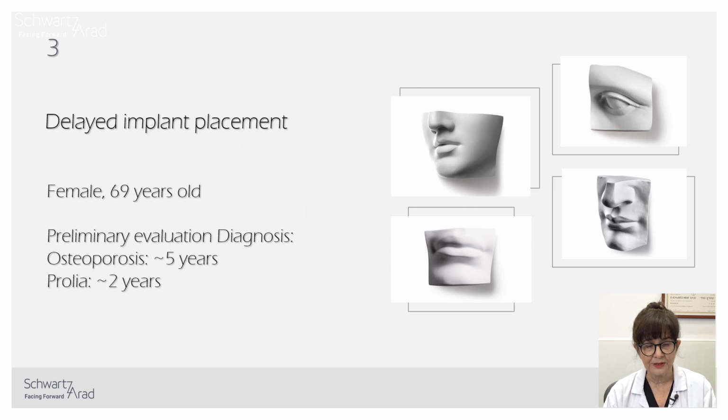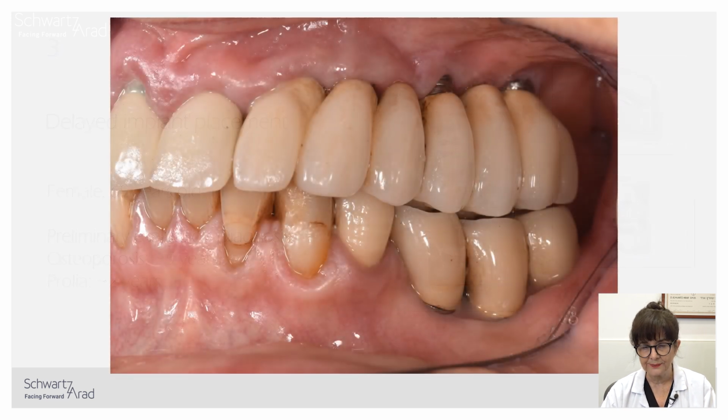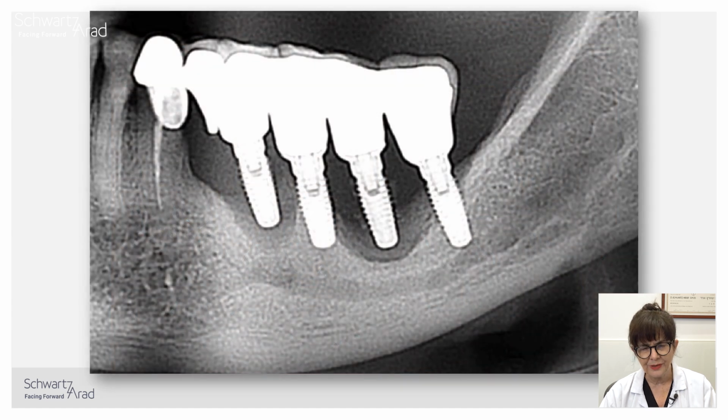The third patient, 69 years old. Preliminary evaluation was osteoporosis for 5 years, and she was treated for 2 years with Prolia. In this case, one can see here the intraoral view, yet when you look at the panoramic view, you raise a huge question mark.